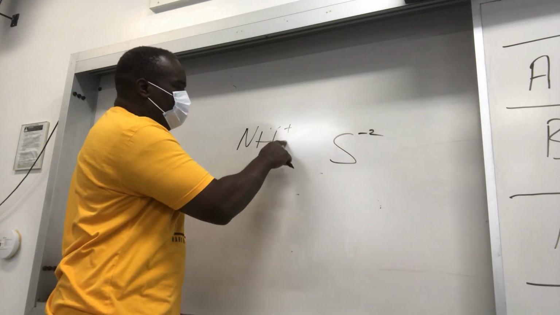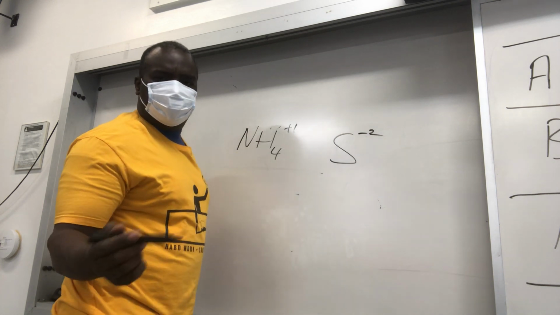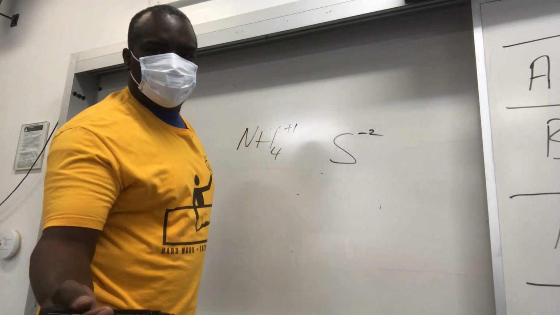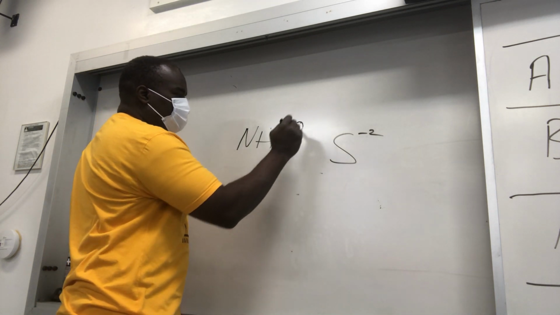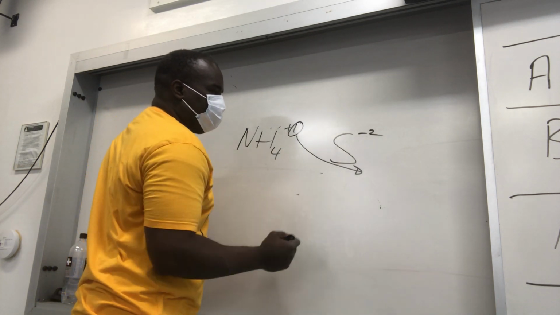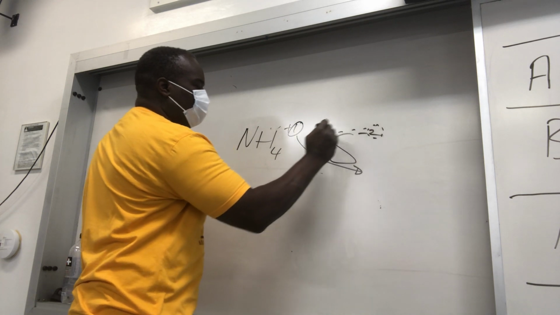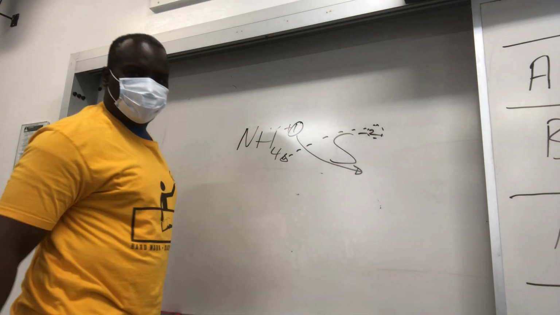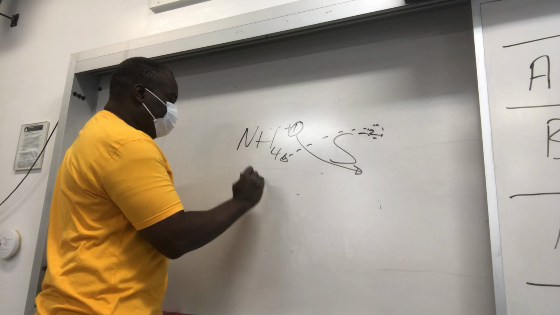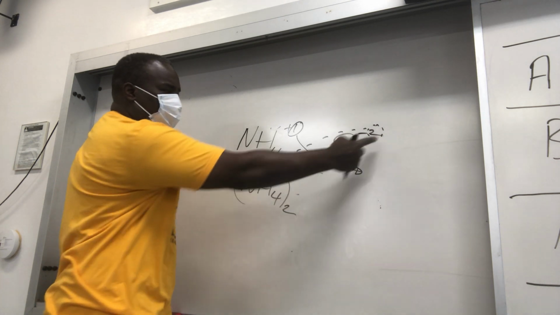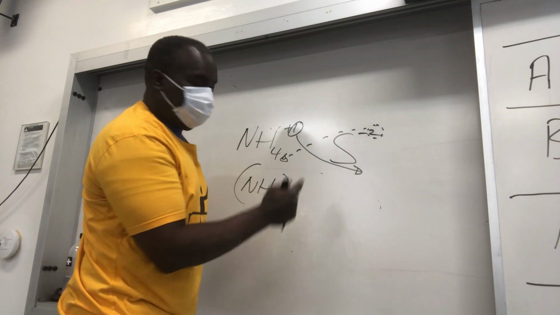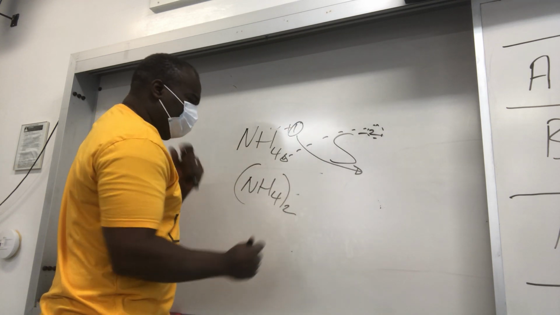And ammonium is +1 from table E, yes? So what do we gotta do? We gotta do the crisscross method, right? So the 1 goes to the sulfur subscript, and the 2 goes to the ammonium. So you're going to get NH4 in parentheses, 2. Remember, if the number coming down is higher than 1, you gotta put parentheses around the polyatomic ion.